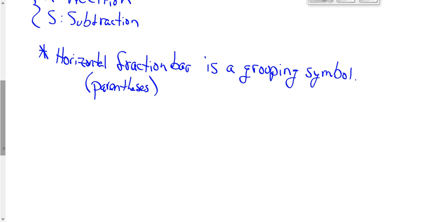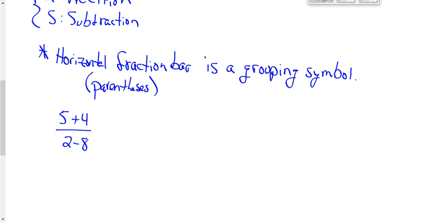if I have like 5 plus 4 divided by 2 minus 8, if I'm thinking order of operations, you do things in parentheses first, right? Because the horizontal fraction bar also means division, right? Which is our D, yeah, right?